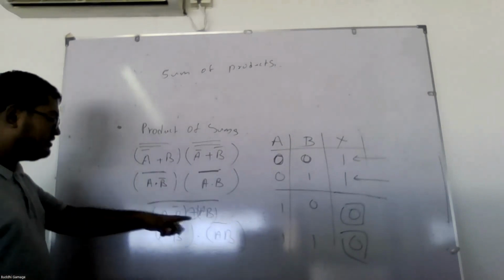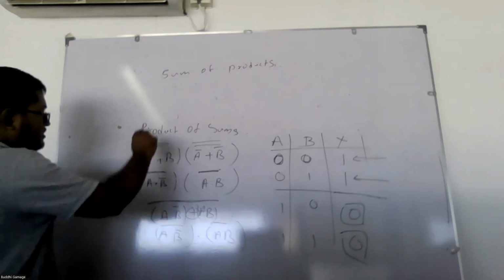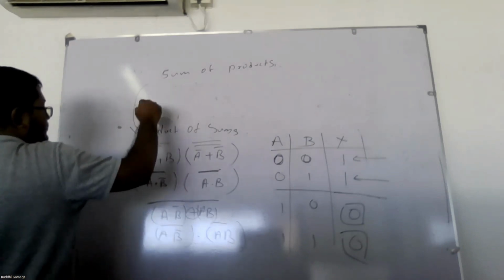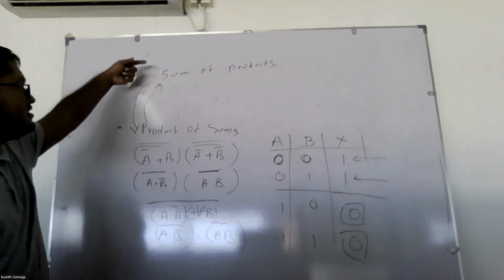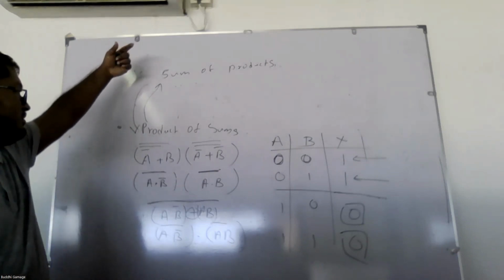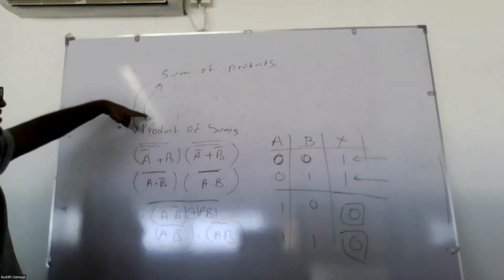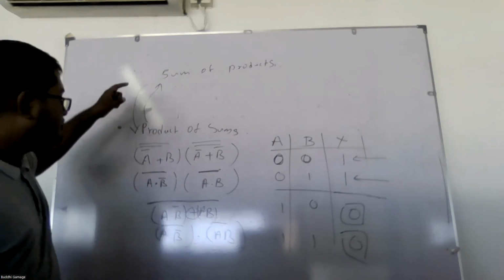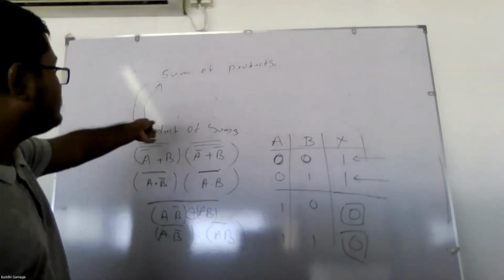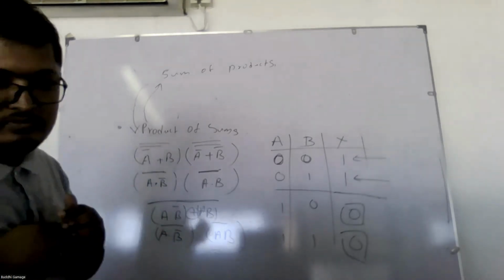So it will change into a product of sums. So if there is an expression in sum of products, we are able to rewrite it as product of sums and do the same. If there is an expression in product of sums, we can rewrite it back into sum of products.